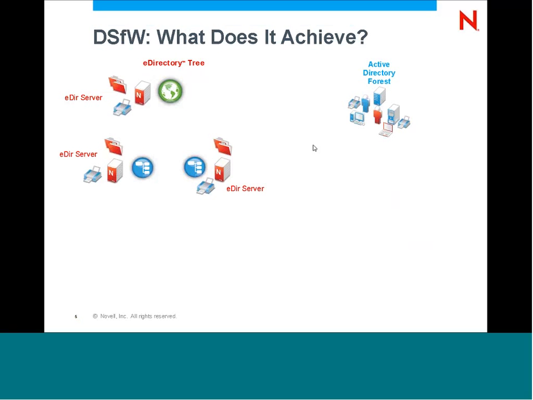What we could do with DSFW is set up a domain here, a child domain at this location, and a child domain at this location. With SP3, if we want, we could just make this one big domain. It's up to you. But in this scenario, we're setting up 3 domains, so that would require a DSFW server at each location.